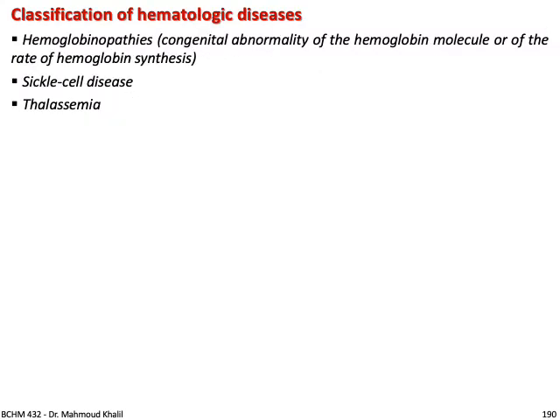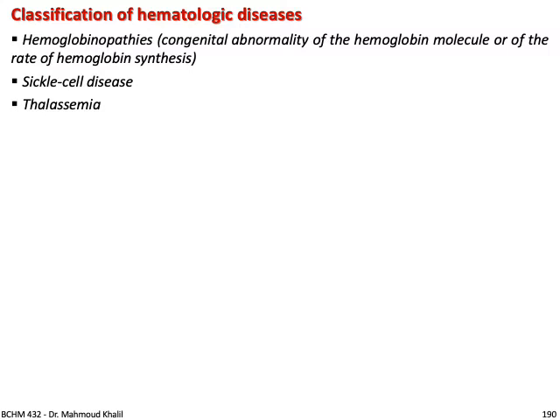In the classification of hematological disorders, we have hemoglobinopathies, which is a congenital abnormality of the hemoglobin molecule or of the rate of hemoglobin synthesis.